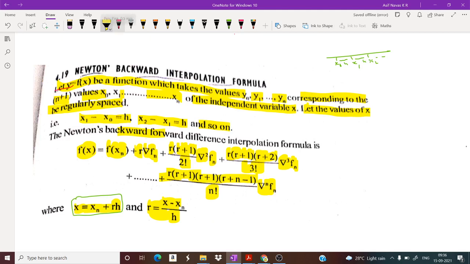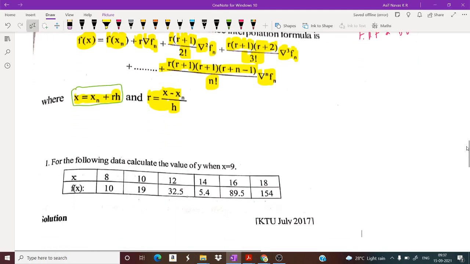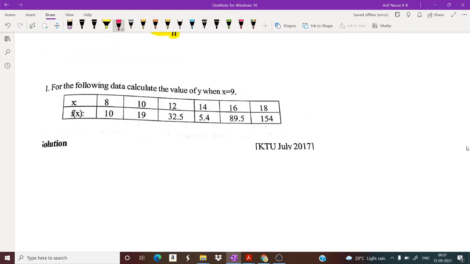So in the question they will not give whether you have to use Newton's forward difference formula or backward difference formula. So we have to identify from the question. We will do a problem. For the following data, calculate the value of y, that is f of x, when x equal to 9.